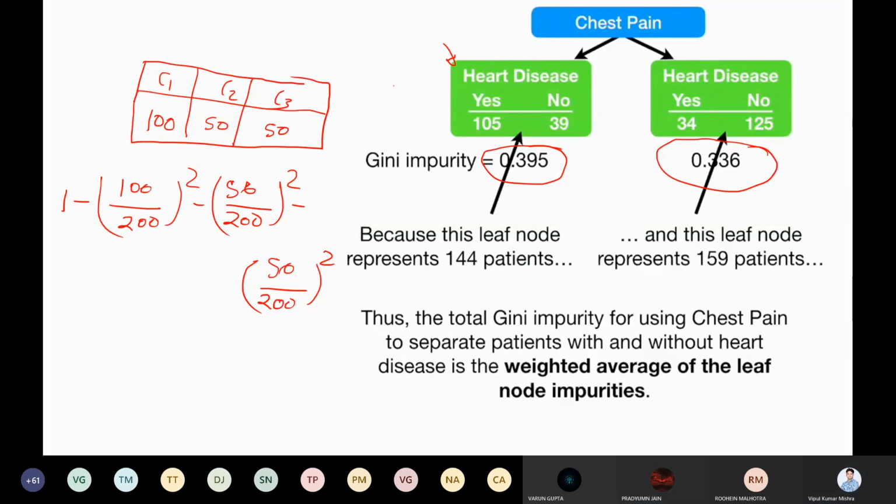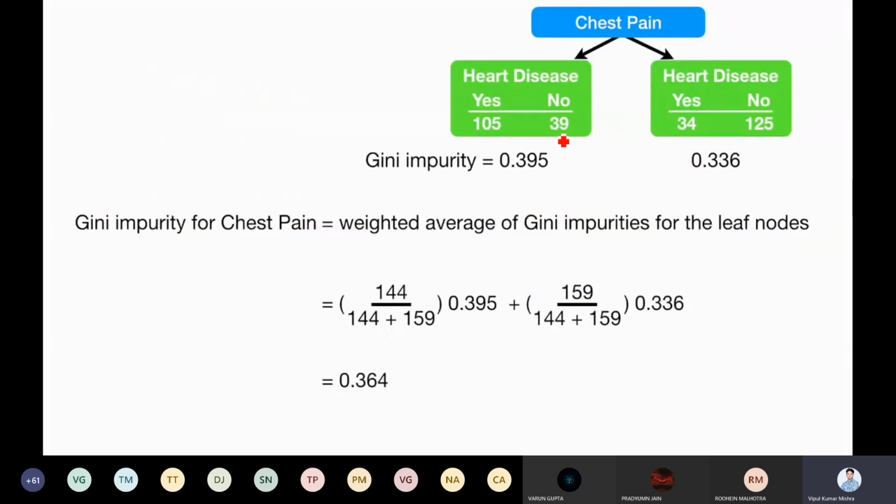No, sir. Okay. So once you compute the Gini score for both leaves, now I have to compute the Gini score for chest pain. This is the weighted average of the leaf nodes. How will we compute the weighted average?